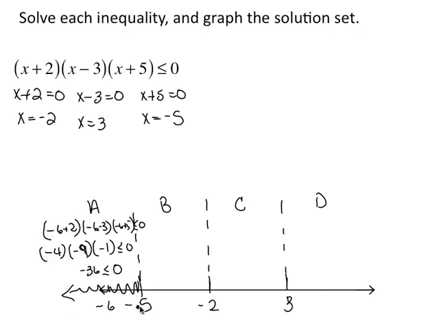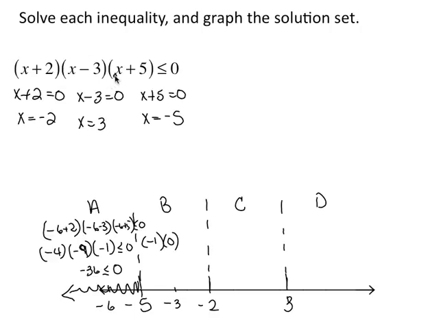For a test point in interval B, I'm going to use negative 3. So I'm going to plug in negative 3 here. So I have negative 3 plus 2, that's equal to negative 1. Negative 3 minus 3 is equal to negative 6.